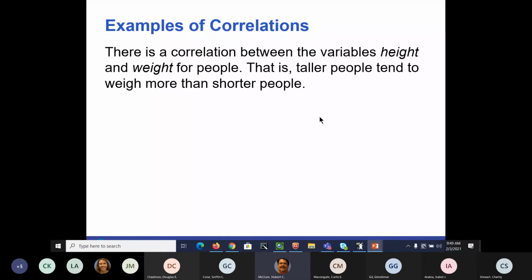There is a correlation between people's height and weight. That is, taller people tend to weigh more than shorter people. I agree with that. I mean, Shaq is like 7 feet tall, and he doesn't look like he weighs 400 pounds or 500 pounds or 300 pounds, whatever he weighs.